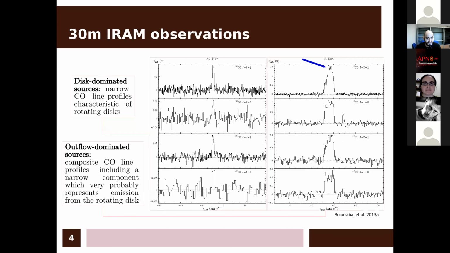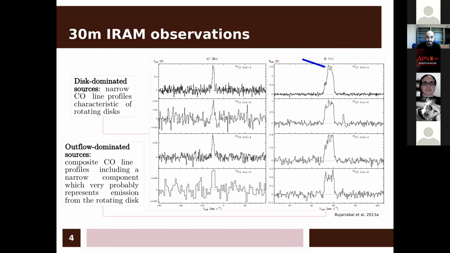All these sources have been very well studied in CO lines, but we find two different kinds of profiles. The first one, for example AC Herculis, shows very narrow CO line profiles that are characteristic of a rotating disk. On the contrary, for example in R Scuti, we find composite CO line profiles that include a very narrow component, which very probably represents emission from the rotating disk.